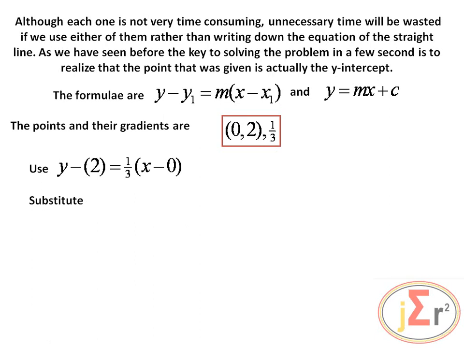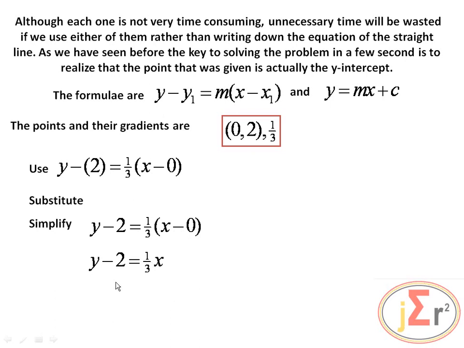After making the substitution, we will proceed to simplify. So we will have y minus 2 is equal to 1/3 x minus 0. Of course, we could have neglected the 0, to the effect that we have just 1/3 of x.